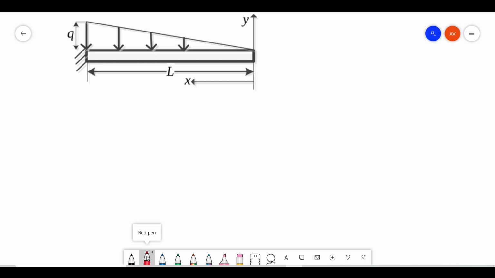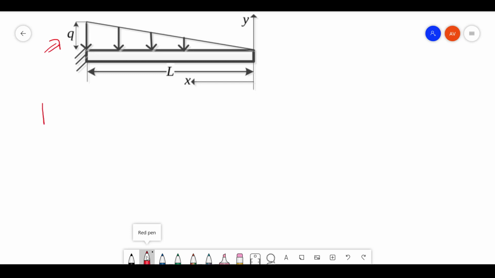One important thing to notice here is what is actually your Q. Typically you will have a loading condition like this, which is uniformly varying, decreasing like this, forming a triangle.